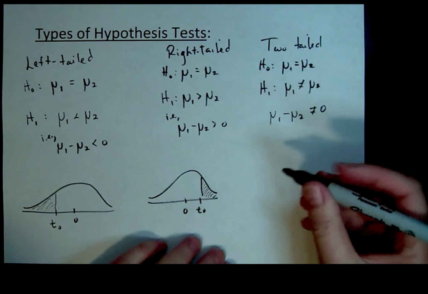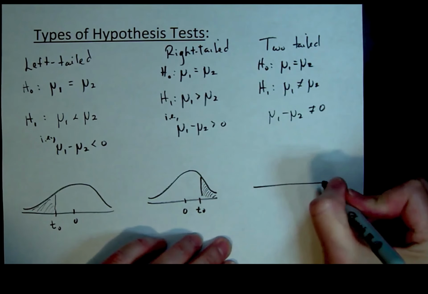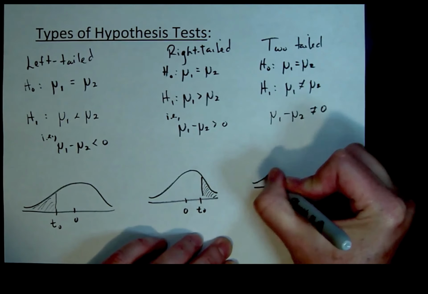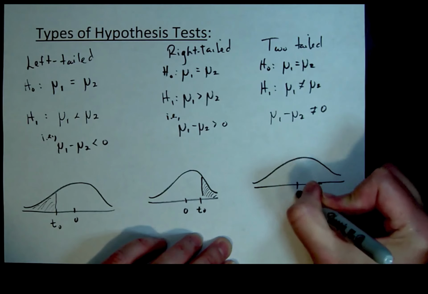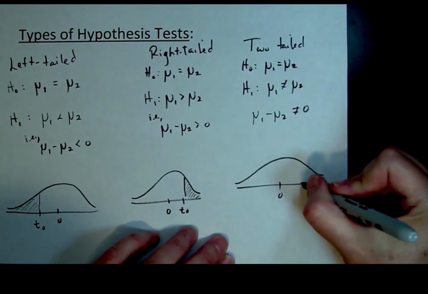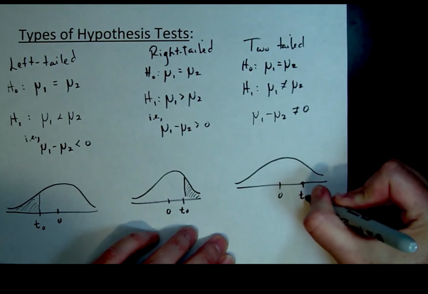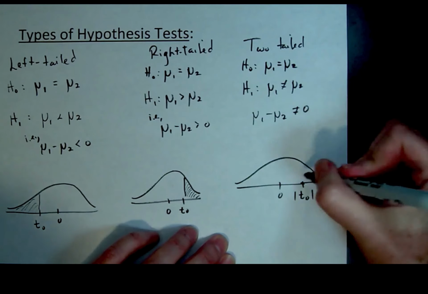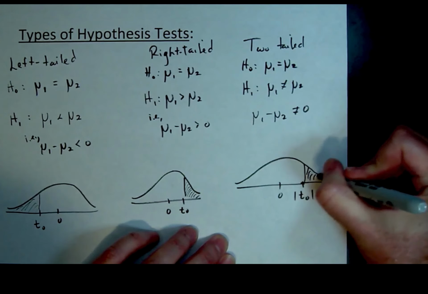And then what we're looking for on the t distribution table, which is centered at 0 and symmetric about 0, we're going to look for our test statistic without a minus sign, get the area to the right of it.